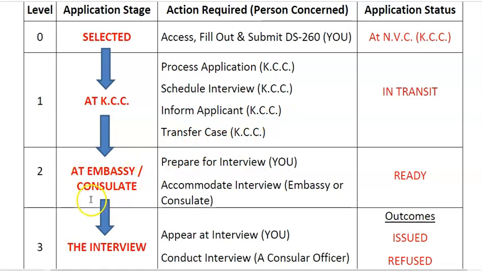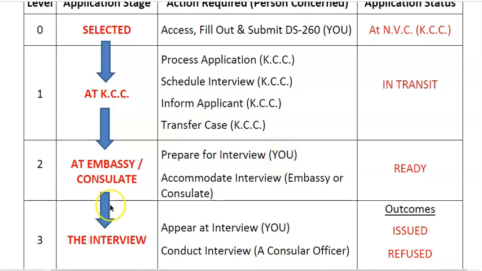And that takes us to the second stage after being selected, which is your case now arrives at your embassy or consulate. All right, and at that level, there are two actions to be performed. You, as the applicant, there are a number of things you have to do to prepare for your interview. We will see that in a subsequent video. And at the level of the embassy, they have to accommodate your interview.